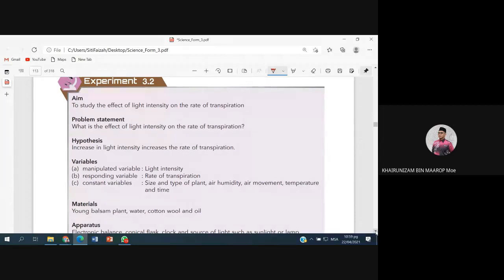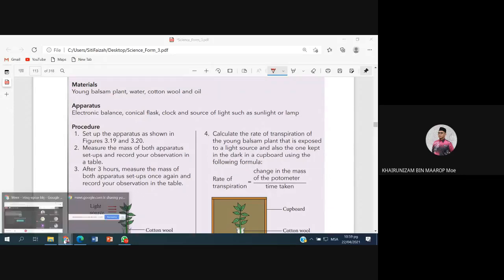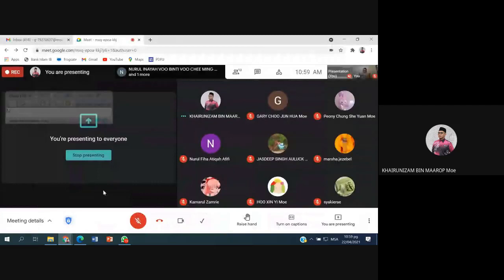Kamu completekan. Okay, tugasan kamu sekarang ini adalah untuk lengkapkan eksperimen wajib. Semua, jangan cakap cikgu tak kasih tahu. Eksperimen wajib dalam buku ni. Okey, dalam buku ni muka surat 183, eksperimen wajib 5. Complete all eksperimen wajib 5, eksperimen wajib 6, eksperimen wajib 7 dan eksperimen wajib 8.